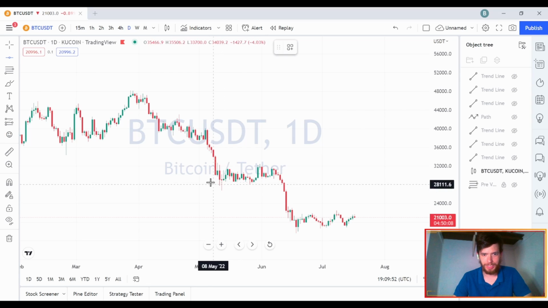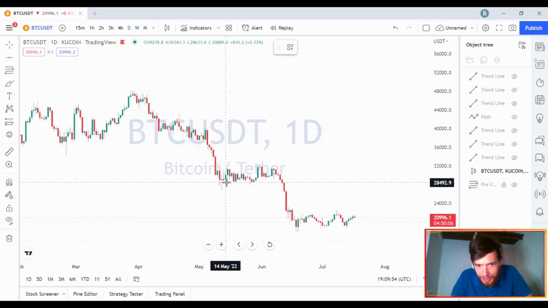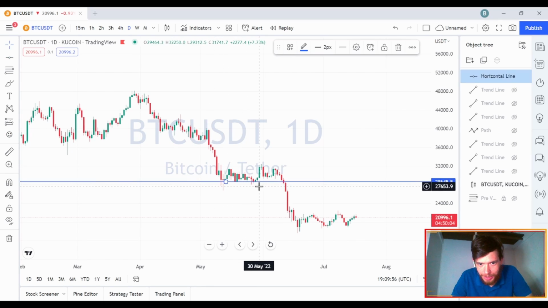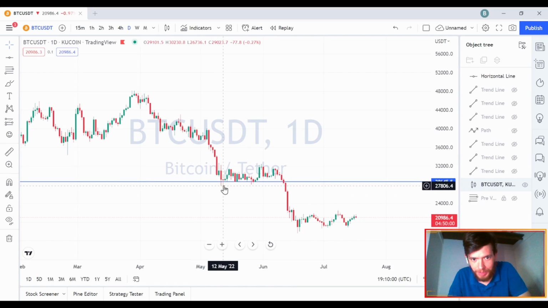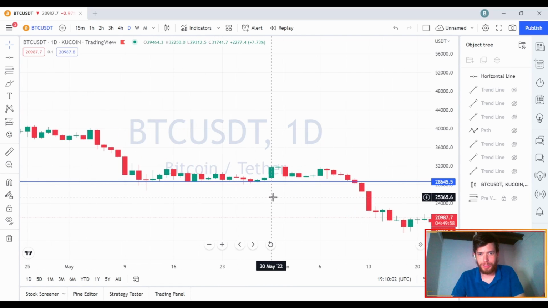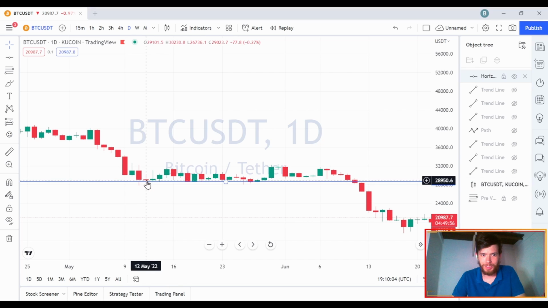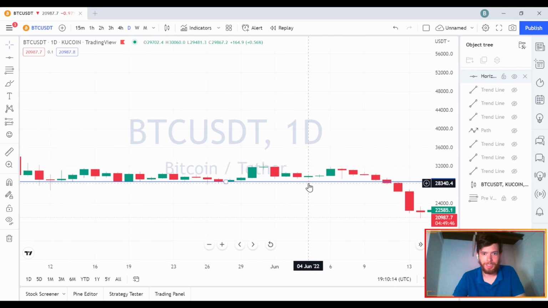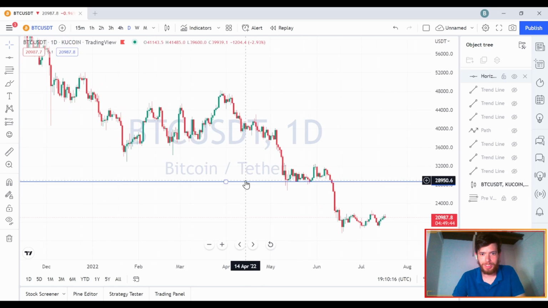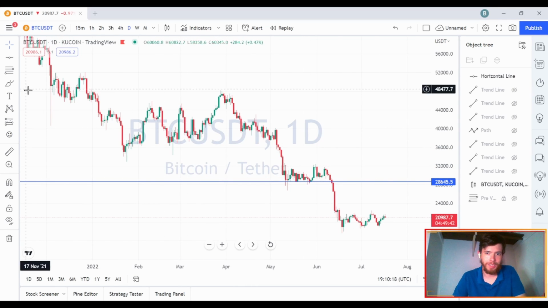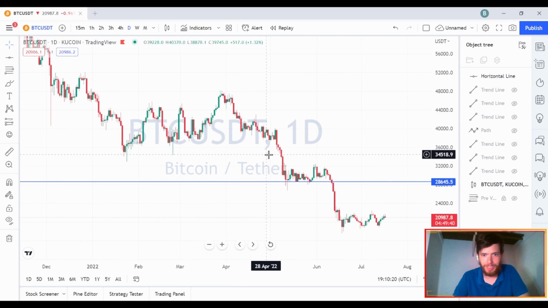So real quick, if we go right here, you see a few candles touching. We can zoom in a bit. So you see 1, 2, 3, 4, 5, 6, 7, 8, 9, 10, a few more. So quite a few candles touching that. That shows you that is a good support area or a good resistance area.